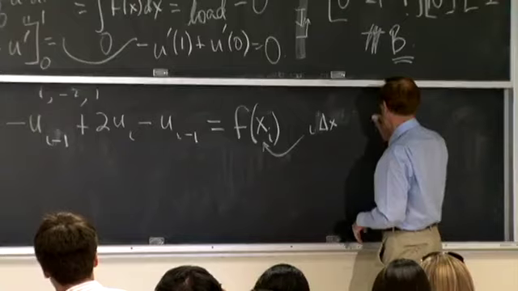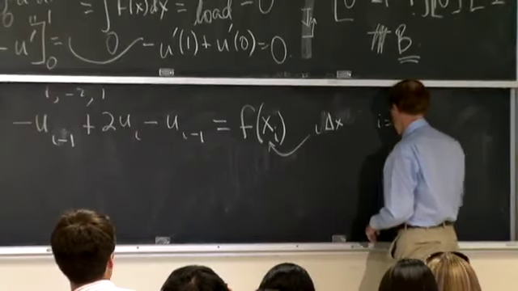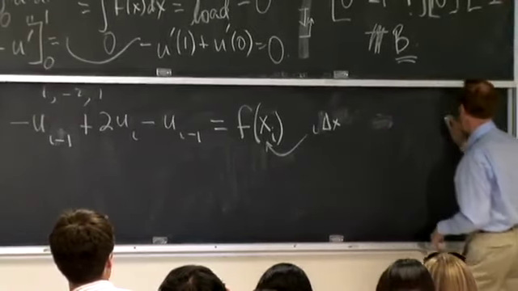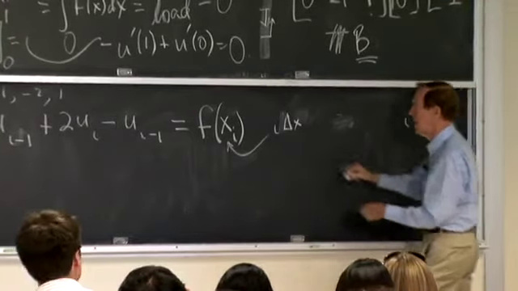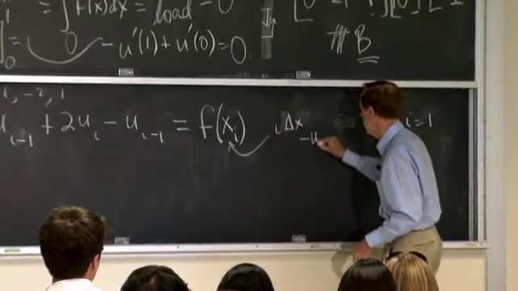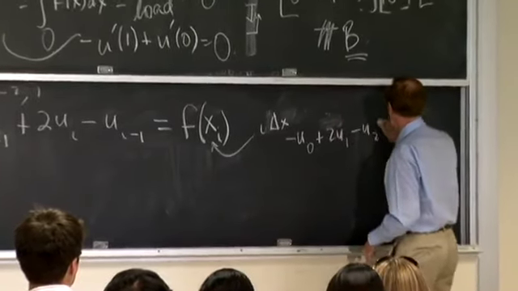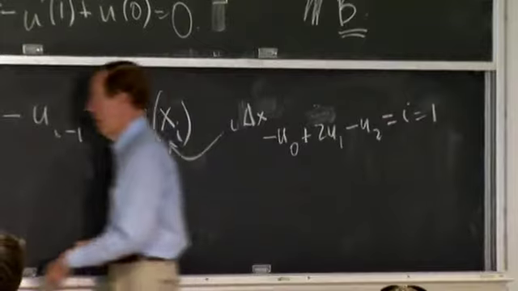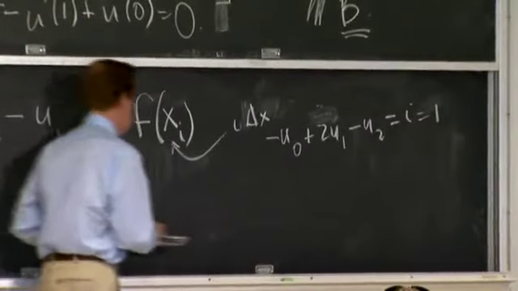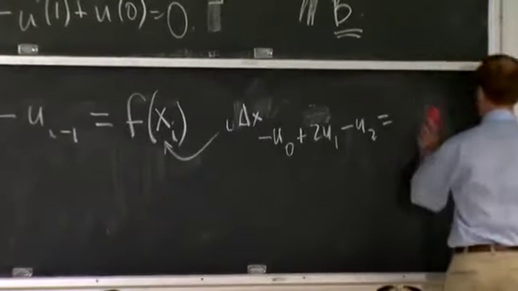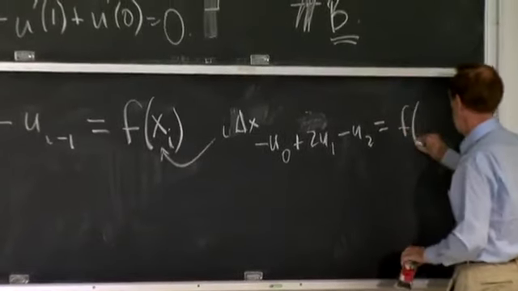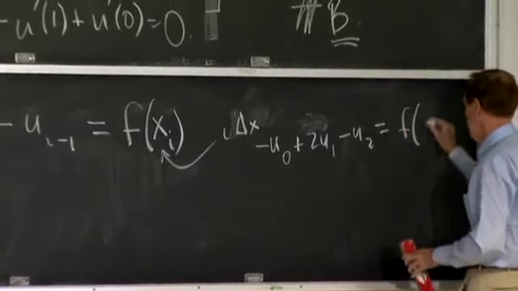At I equal 1, let's say, I have minus U0 plus 2U1 minus U2 is F, agrees with the load at the first mesh point.